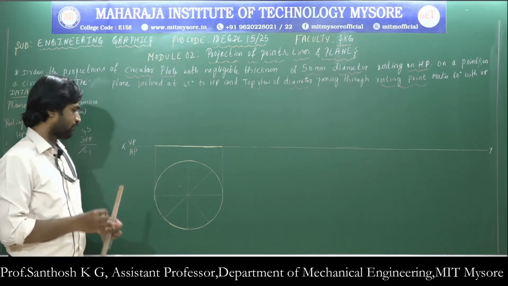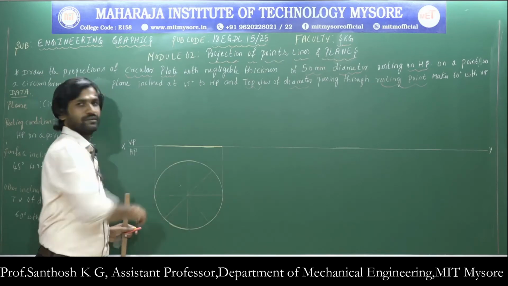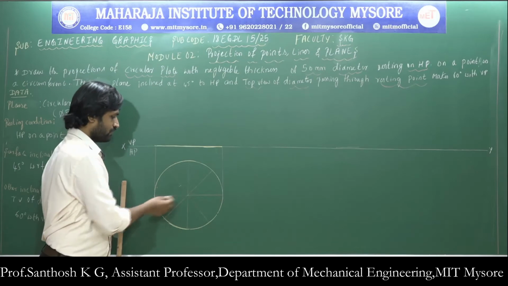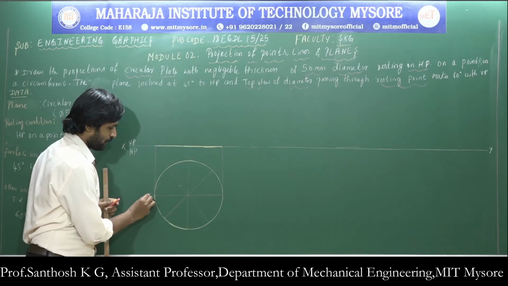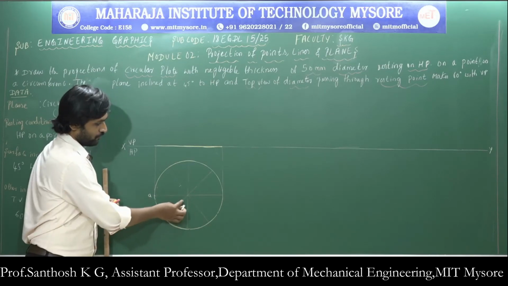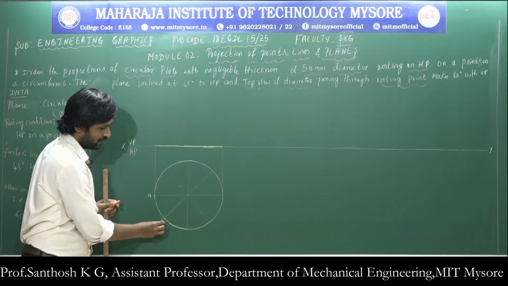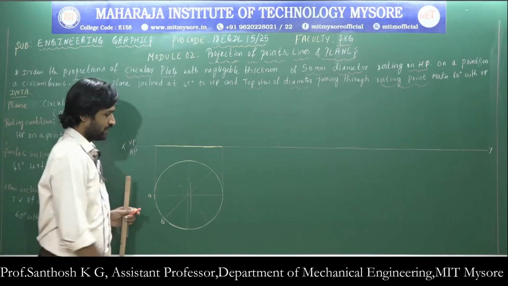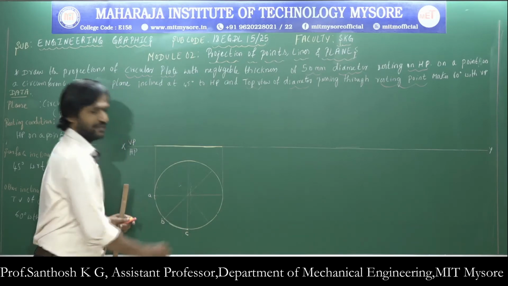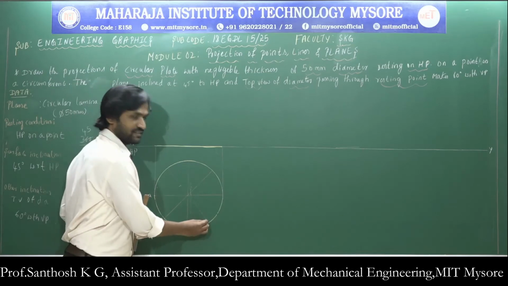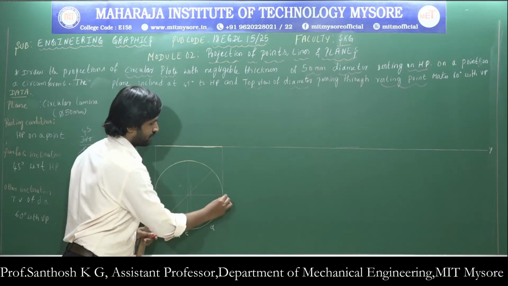For my reference, I am going to name certain points on the circumference of the circle where these lines are meeting the circle. First I am going to write a point A over here, then where this line is meeting the circumference of the circle, there I am going to mark point B. Similarly, where this vertical diameter is meeting the circle, I am going to write that point as C. Similarly, where this line is joining the circumference, there I will mark point D and I will continue like that.